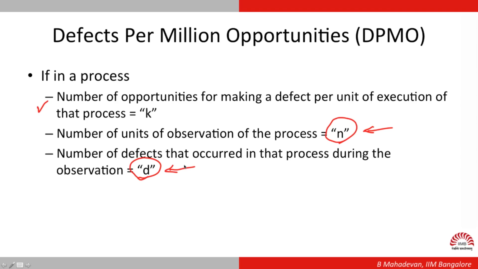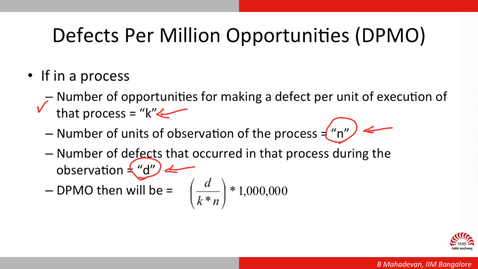Potentially each time there could have been k different possible defects. So, if you put these three together, we will be able to get the defects per million opportunity, because this is the actual defects that we observed and this is the potential defects that could have happened in that process, and multiplied by a million you get defects per million opportunity.